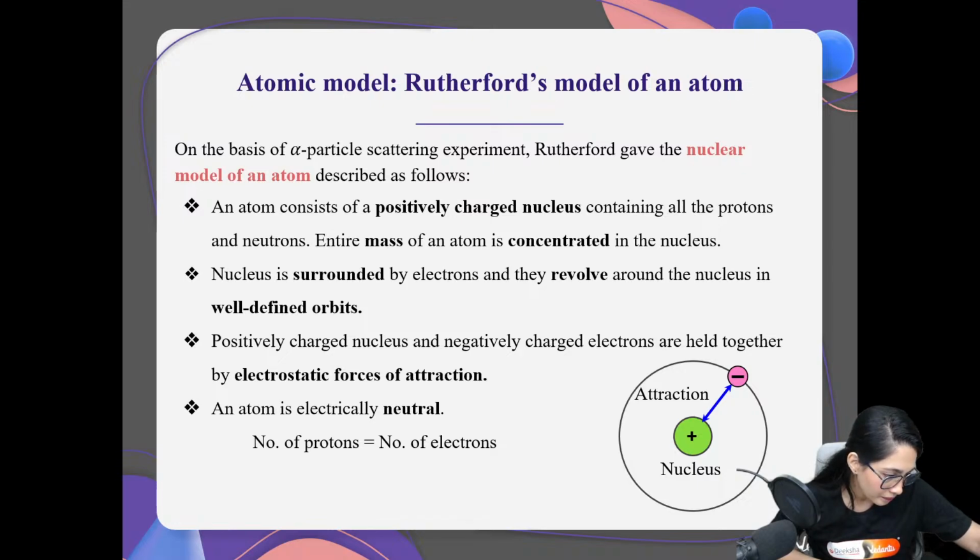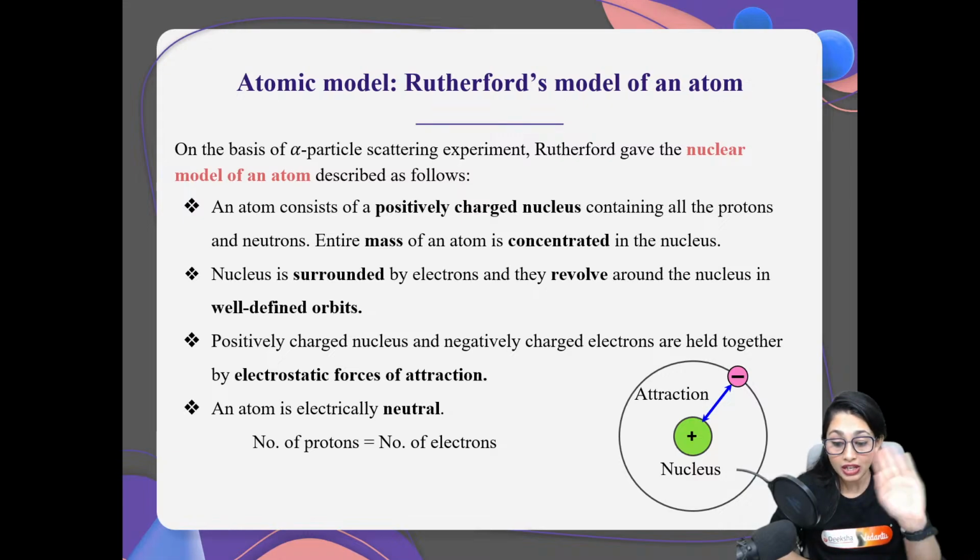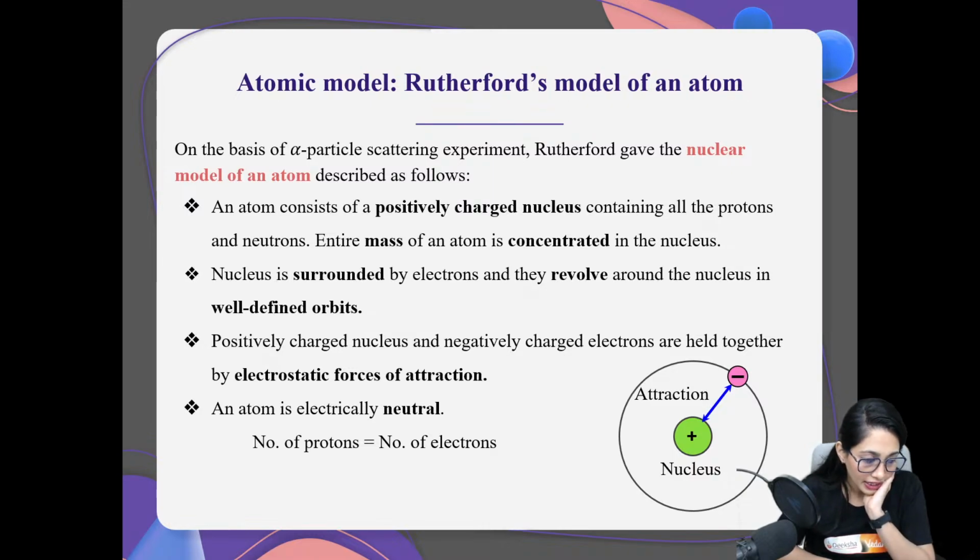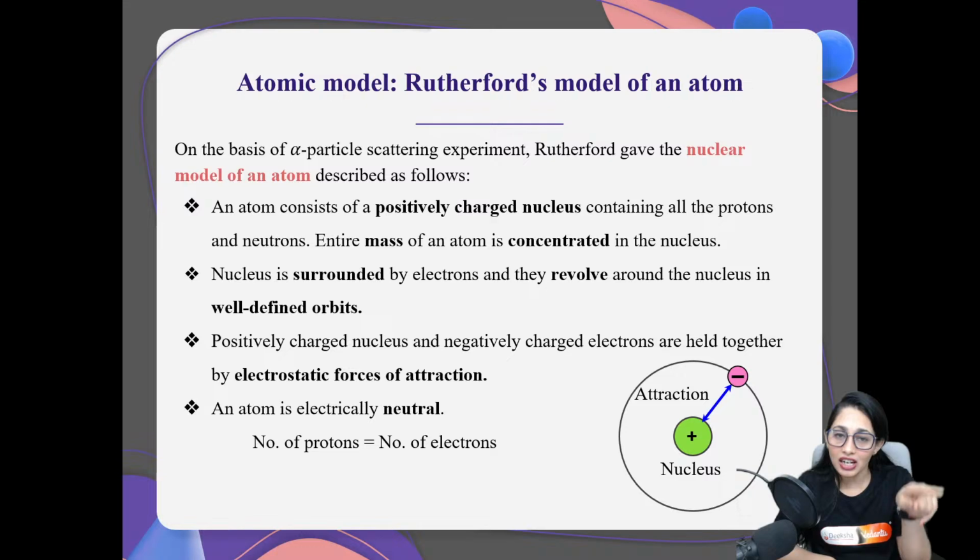Are they also reflected when there are electrons? No. Electrons don't have a significant mass, right? It's not heavy. Electrons are revolving around the nucleus, so it's very unlikely that the alpha particle would hit an electron. And electrons are very light in weight.